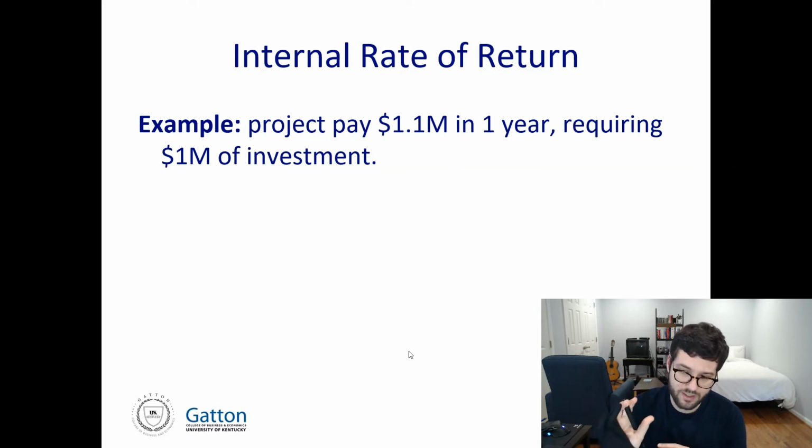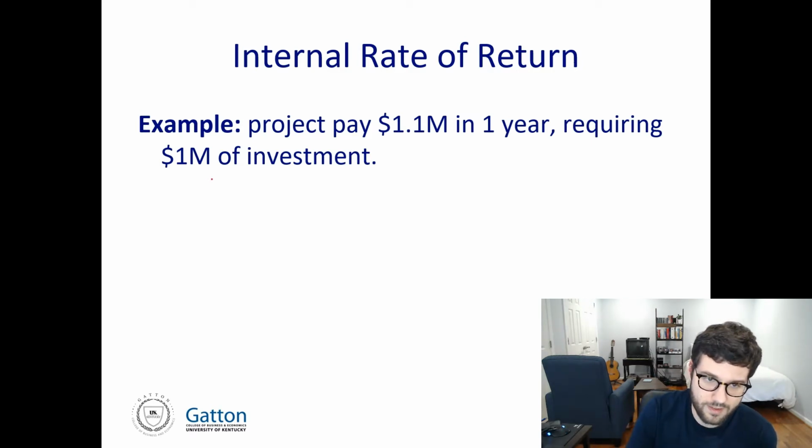You don't need the discount rate in order to calculate the internal rate of return. The internal rate of return, by definition, is the hypothetical discount rate that makes the NPV zero. So let's say that this hypothetical discount rate, R, is the internal rate of return.